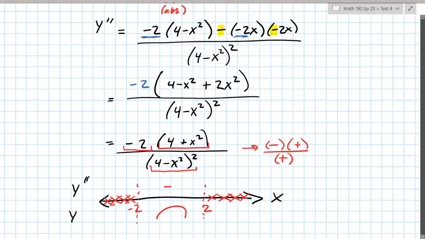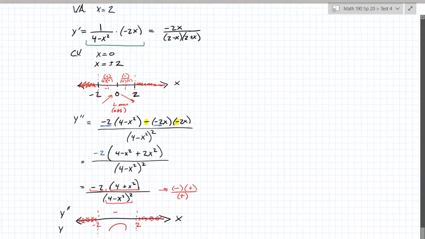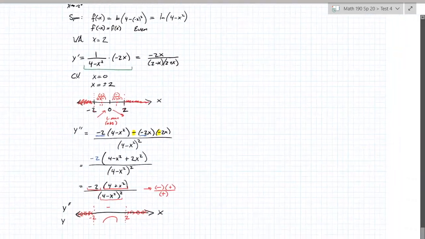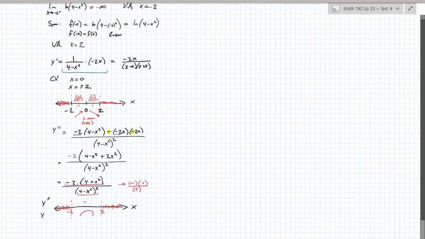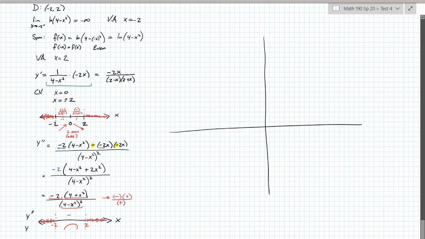All right, now we'll see if we can put all that information together. Looks like we have all of that. When x is -2, we have a vertical asymptote.